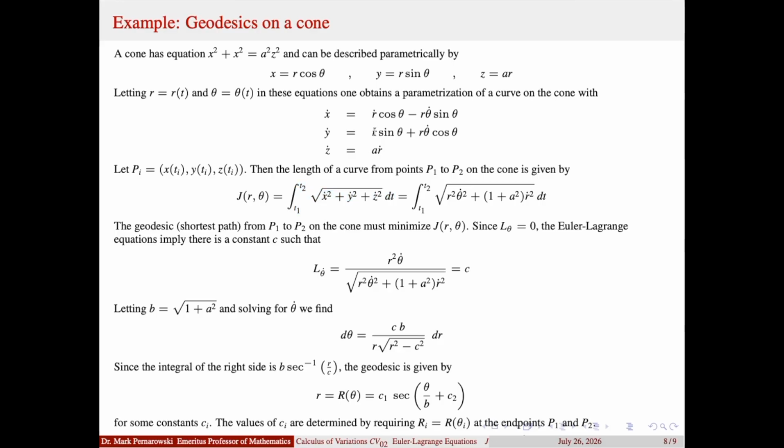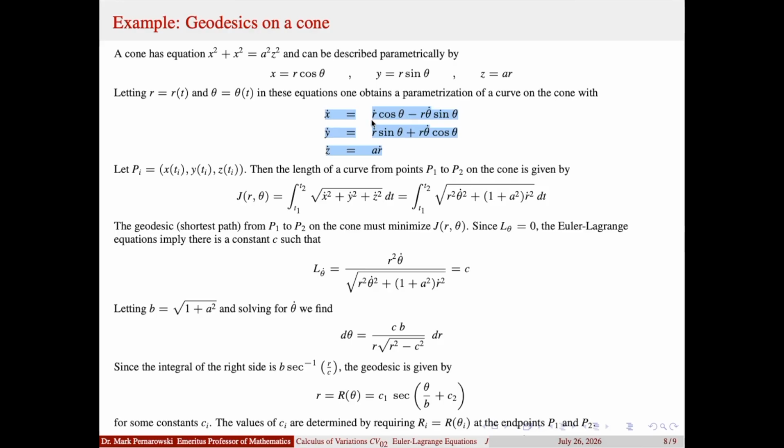Now, given these 3 expressions here, I can take x dot squared and square the right side. Y dot squared, I can square the right side. And you'll notice that there's a plus and minus sign here, and I'm going to get cross terms that cancel because some of them will be minuses and some will be pluses.